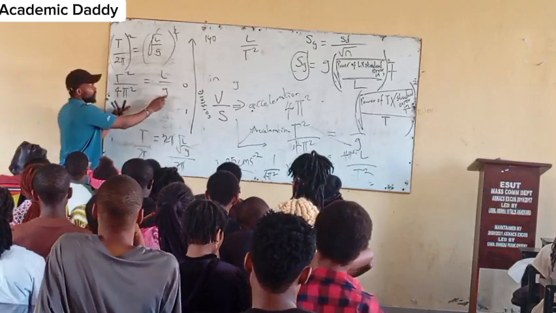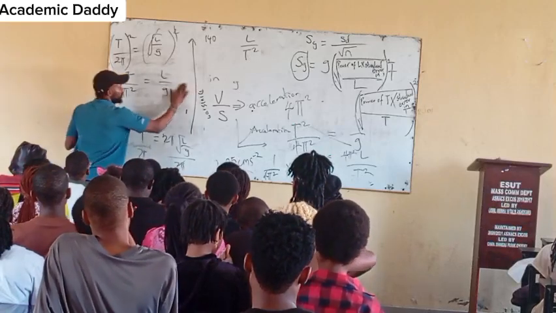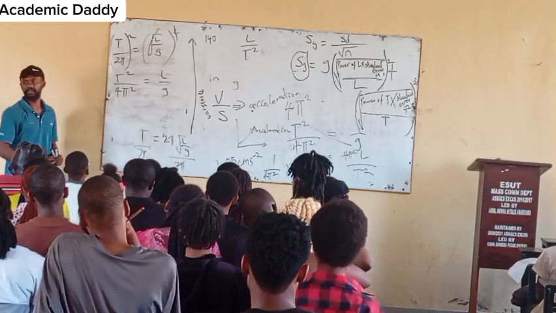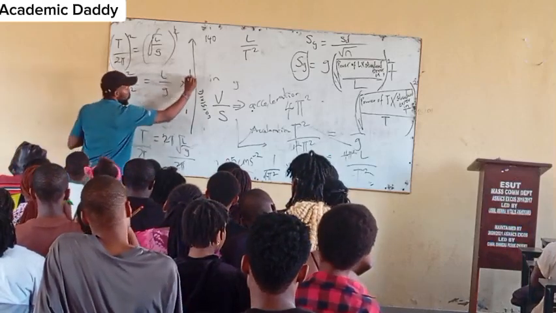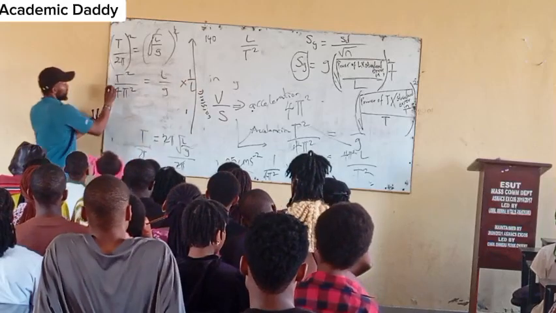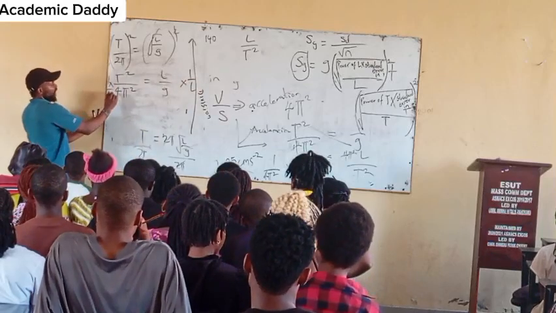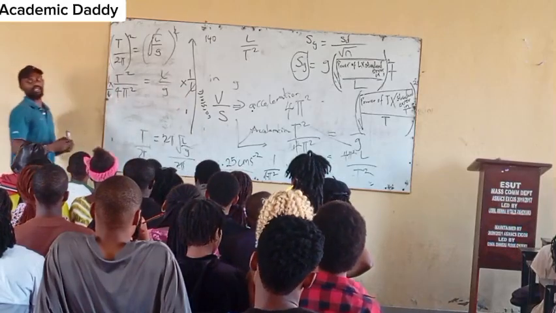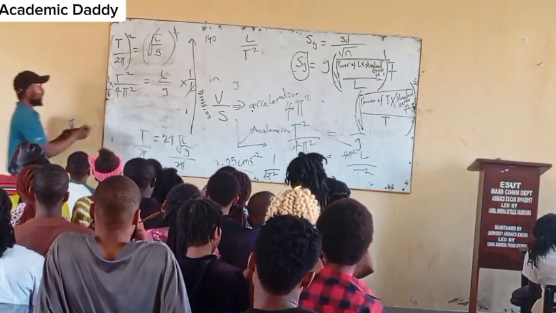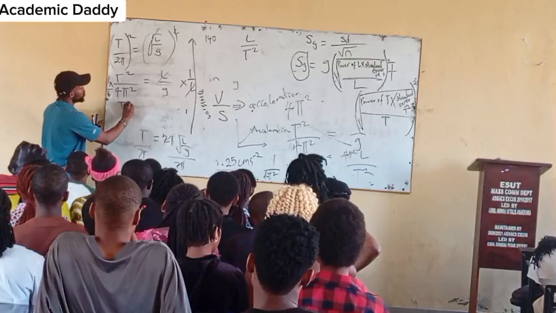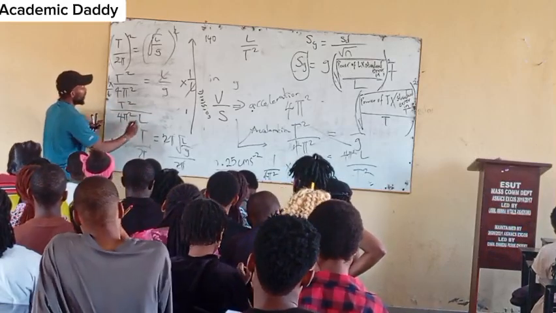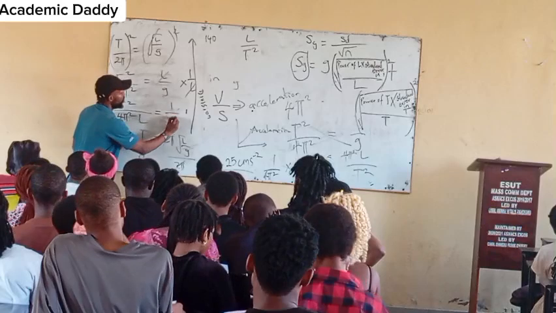Since I want to make G the subject of the formula, I can multiply both sides by 1 over L. Hope you understand this. So that this will cancel this. Is it confusing? So that I have T squared all over 4 pi squared L equals 1 over G.